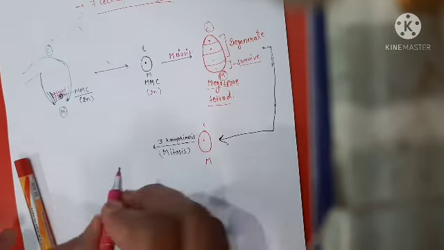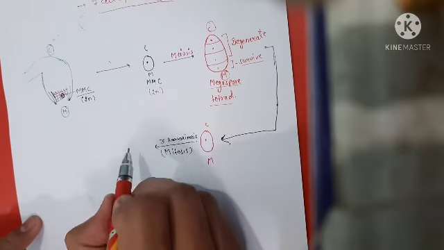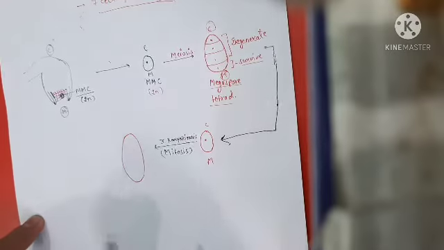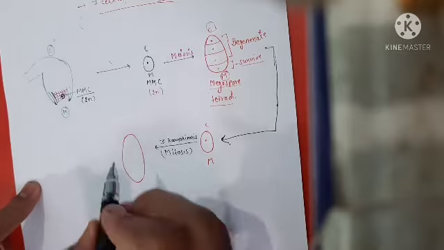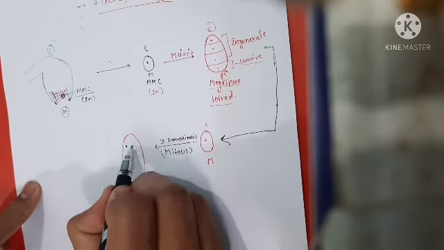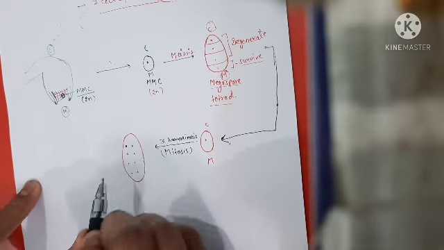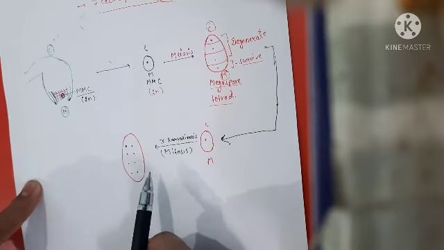As a result, 8 nuclei are formed. There is formation of 8 nuclei.